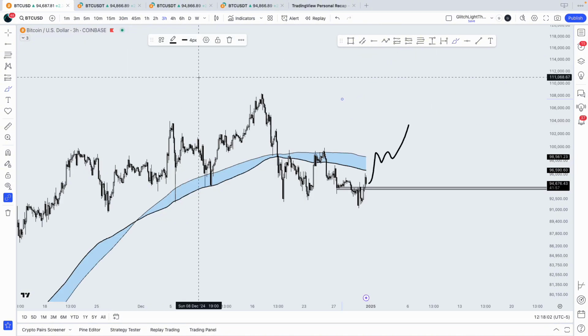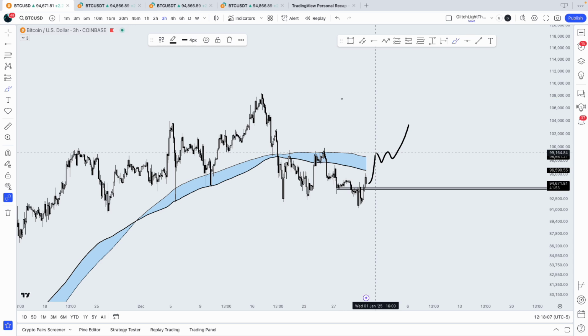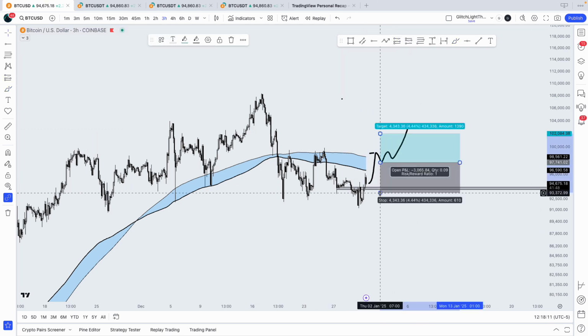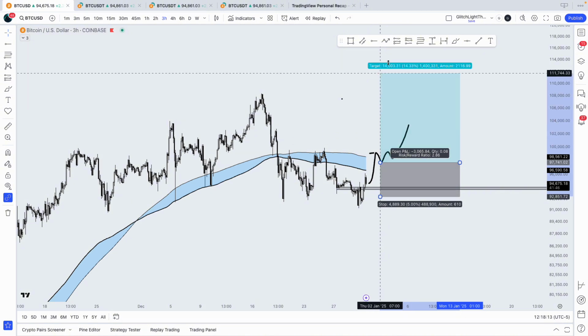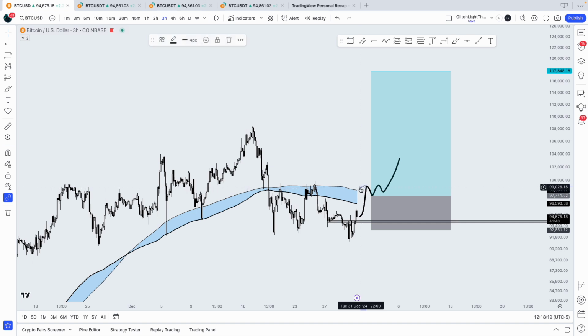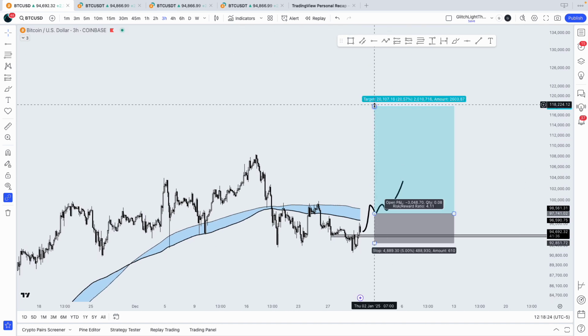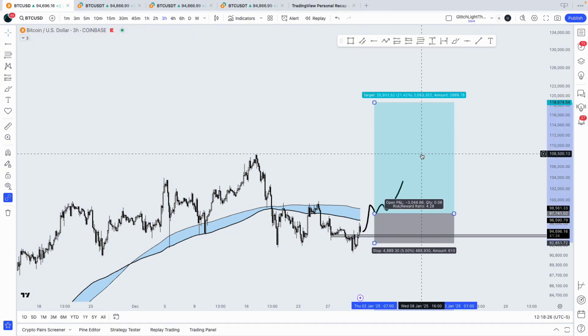Or instead of buying that reclaim of the 30-minute 200s, you can simply wait for these 3-hour 200s to be reclaimed and look to bid a test of these 3-hour 200s, reclaim, retest, and then look for continuation higher from there. A bit more high confidence because the high time frame trend would then be reclaimed, but less risk to reward, typically, if you take these setups.